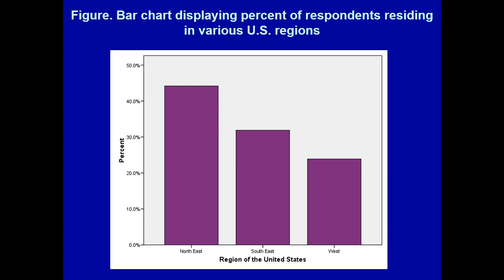So none of these 3 options contain 50% or more of our data. They're all under 50%. That Northeast region looks about 45% of respondents in this survey. The Southeast is about just over 30%, and the West is probably 25% or so.